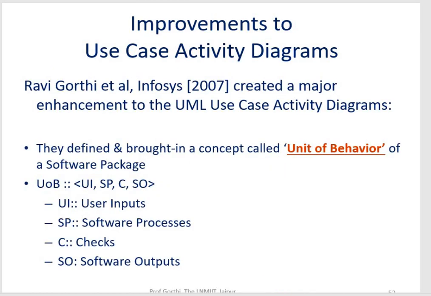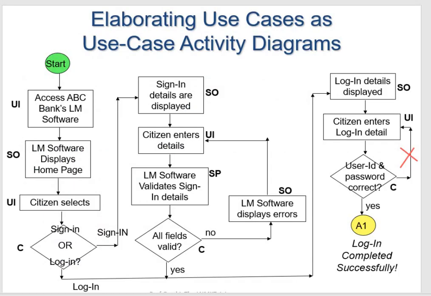Right, it can continue further based on the entire business transaction. Right, I'm not talking about software transaction, I am talking about business transaction. Your business transaction will have a series of user input, system processing and your system output.